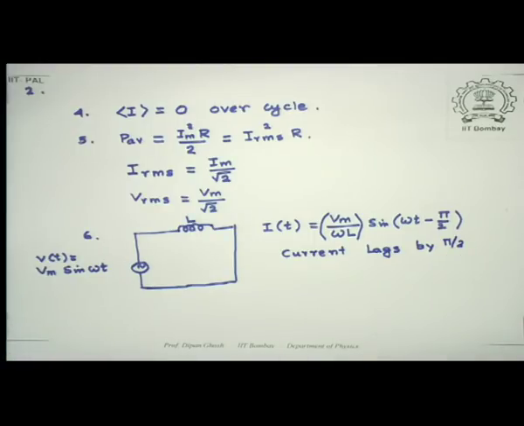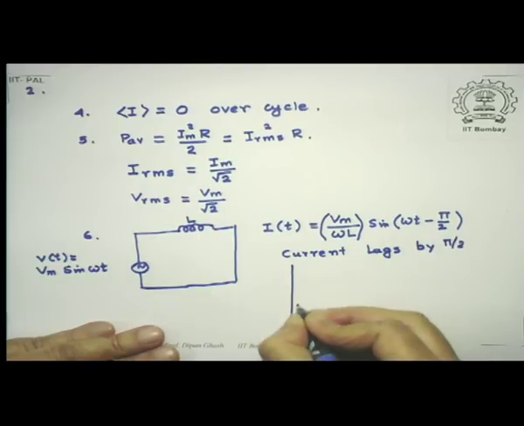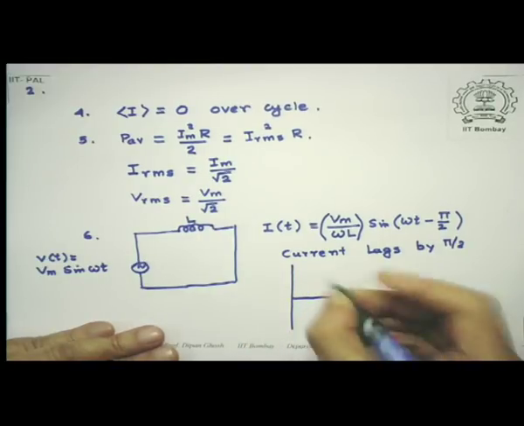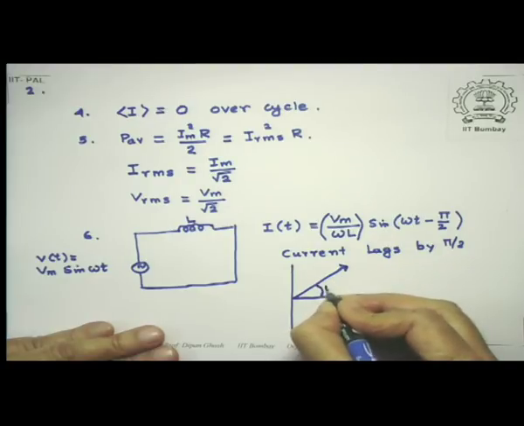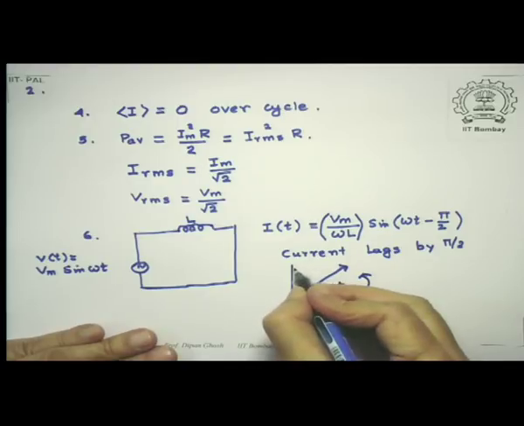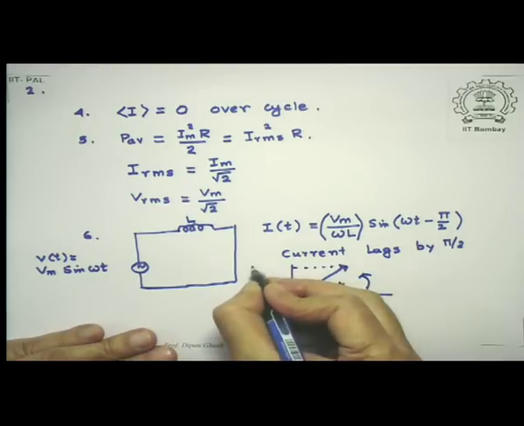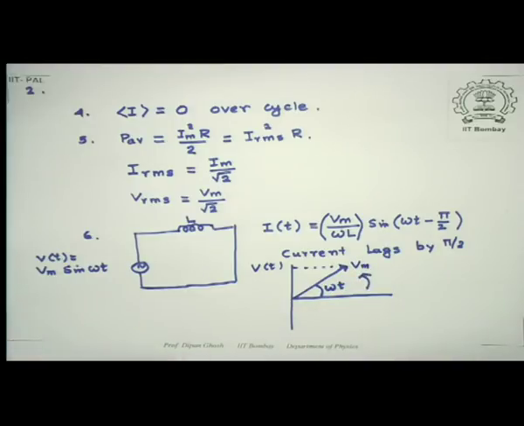Returning to a phasor diagram for this situation, what we do is this: suppose this is my voltage, so that the projection on the y-axis is my V of t, and this is V max, the magnitude.